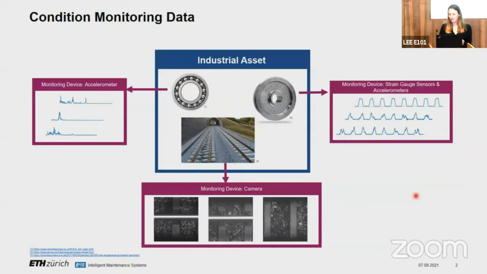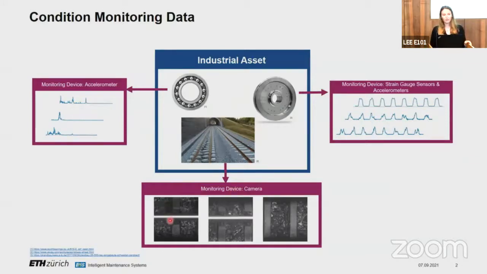To name a few examples, here we see a bearing that is monitored by accelerometer sensors, and we see a few sensor responses under different health conditions. Or here below, we see an example of these railway wheel sleepers, which are monitored by a camera that is attached below a diagnosed vehicle.